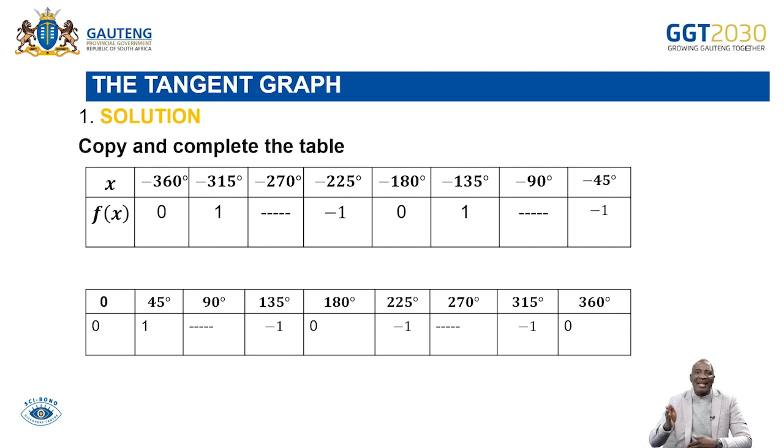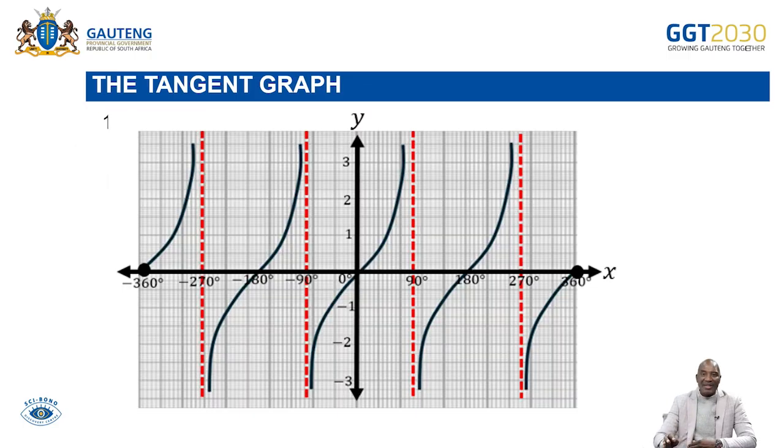It will get closer and closer to, but will never touch, because the y value does not exist at that time. You can't define it. So this is our table. Then from there, we go and mark all our lines of asymptotes on the graph and plot all the points as it were. -360 is 0.